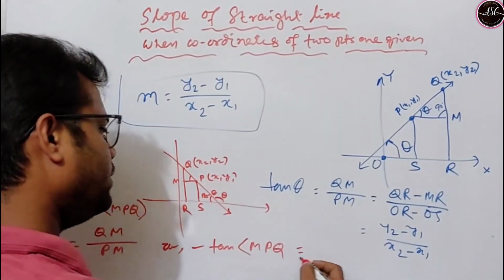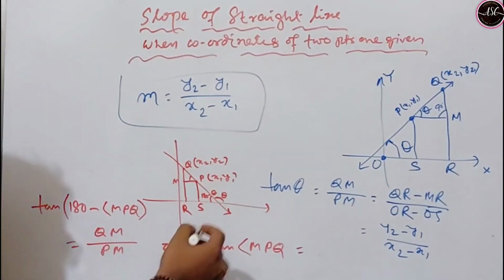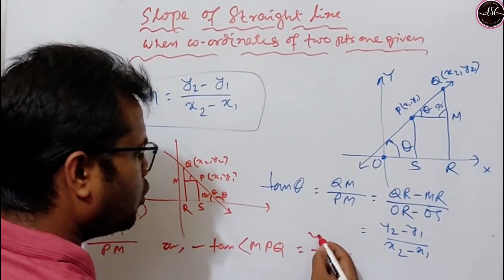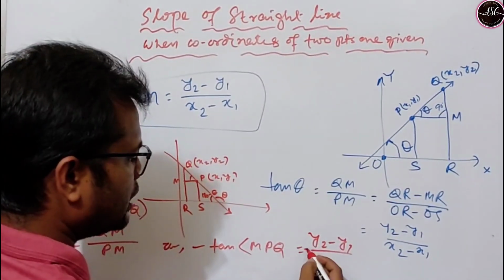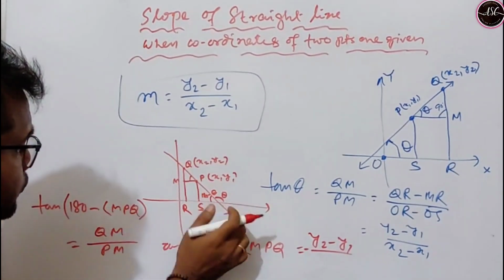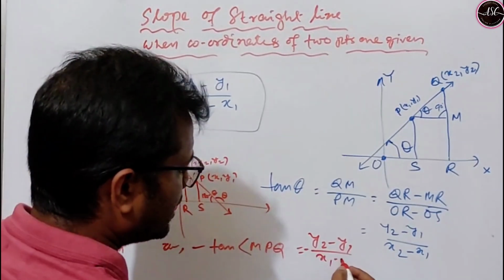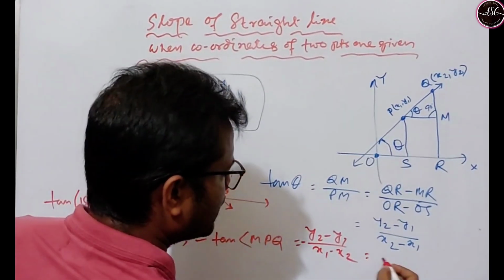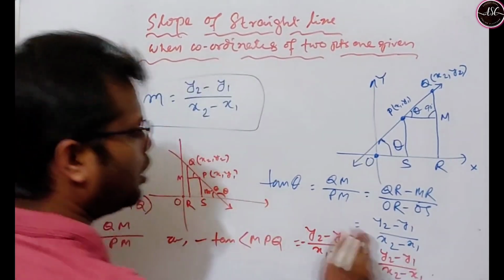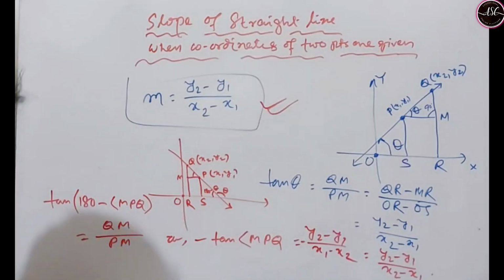QM equals QR minus, that means y2 minus y1, and PM equals x1 minus x2, so minus minus will cancel out, and we get (y2 minus y1) divided by (x2 minus x1). By these two we can generate this formula. So this formula should be remembered.